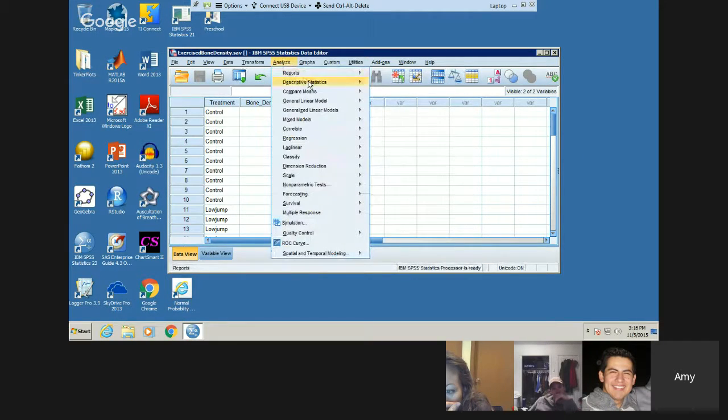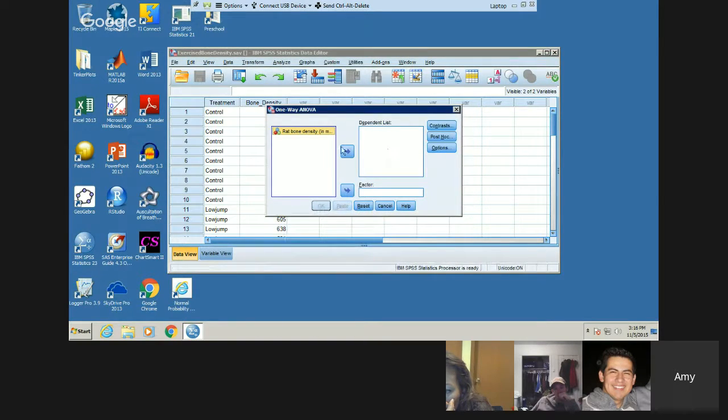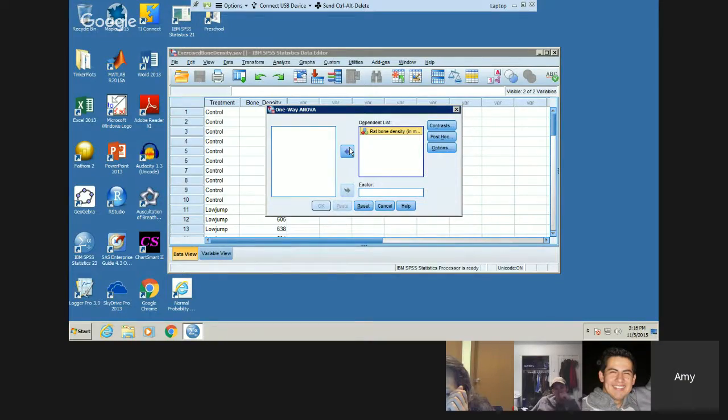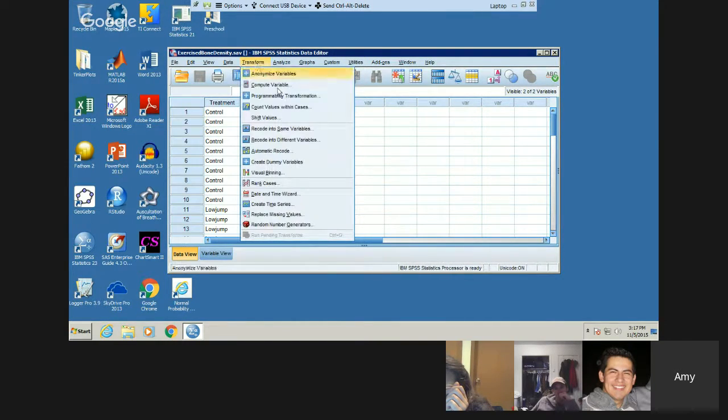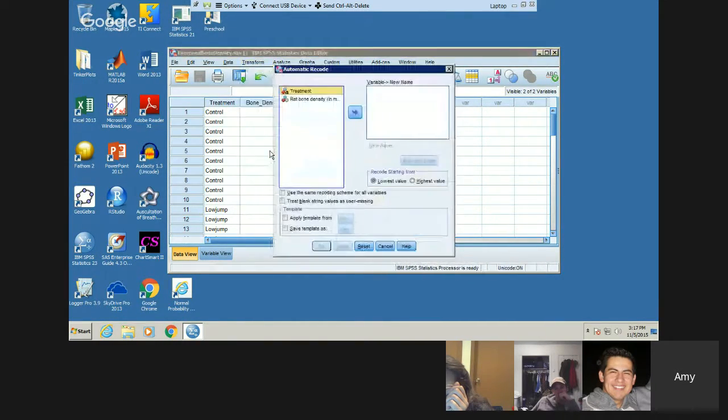So we go to compare means, ANOVA. Oh, we don't have to recode for ANOVA? Well, I don't know, because now I don't have a factor. Let me go back. Transform. And this is the one, right?